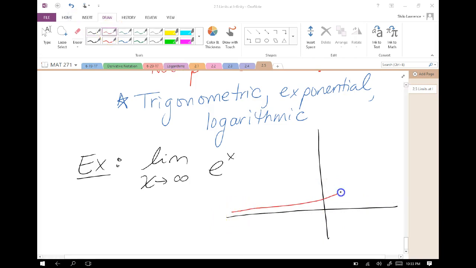The e to the x graph is really flat on the left, but then it shoots off to infinity on the right. So as x approaches infinity over here on the right, the y value is also shooting off to positive infinity.